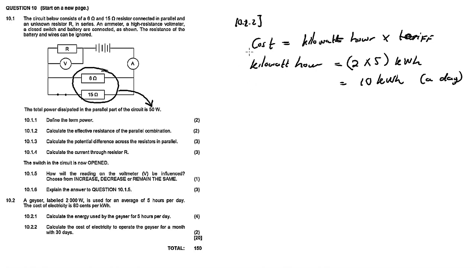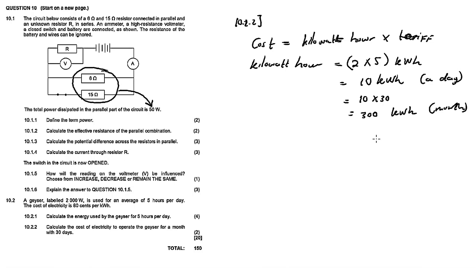Right? Since sifuna ukuthola i-cost for the whole month, it means this value komele ngi-times ngobani? Ngo-30. So it's 10 times 30 is what? Is 300 kilowatt hour for a month, for the entire month, right?